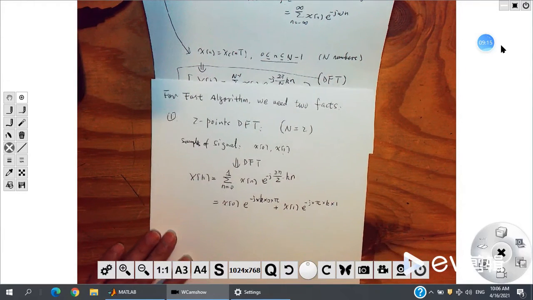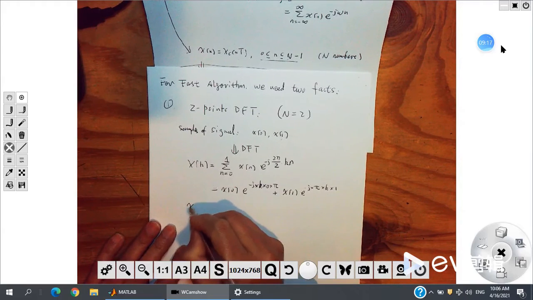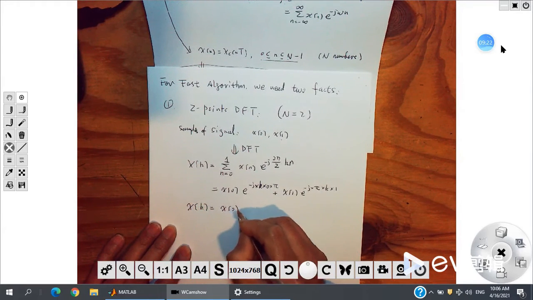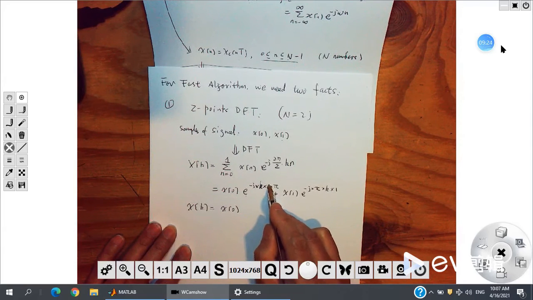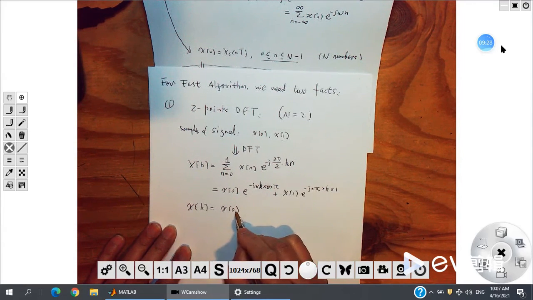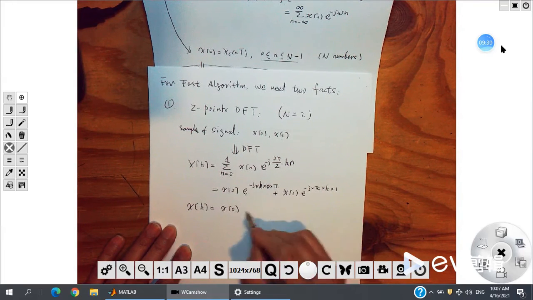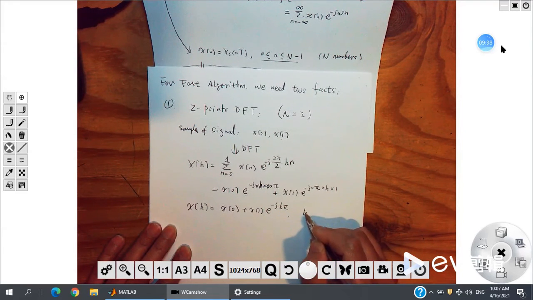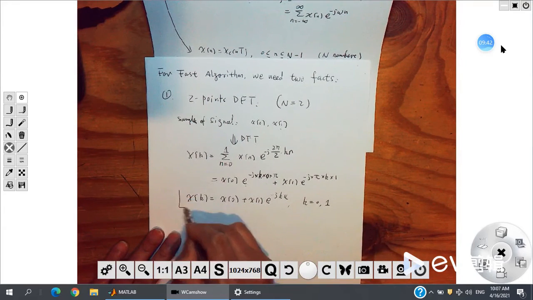I write again: X of k equals x of 0 times what? The power is 0, so this is just 1, so this is just x of 0. And here, plus x1 times e to the negative j k pi, and k runs from 0 to n minus 1, which is 1.